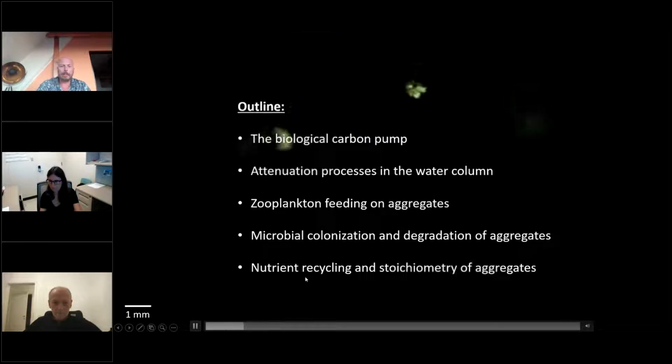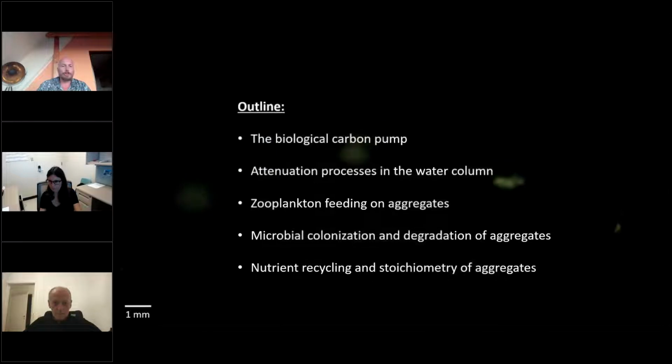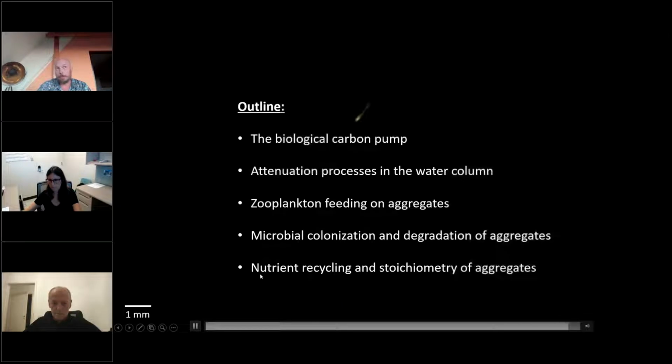And then finally, we'll look at nutrient recycling and stoichiometry of these aggregates, and try to see if we should start considering attenuation processes not just as a decrease of carbon flux, but also as something that could increase the efficiency of the export of organic matter via recycling nutrients and changing the stoichiometry of the aggregates, which is in some models, but most models don't actually consider change of stoichiometry of aggregates.